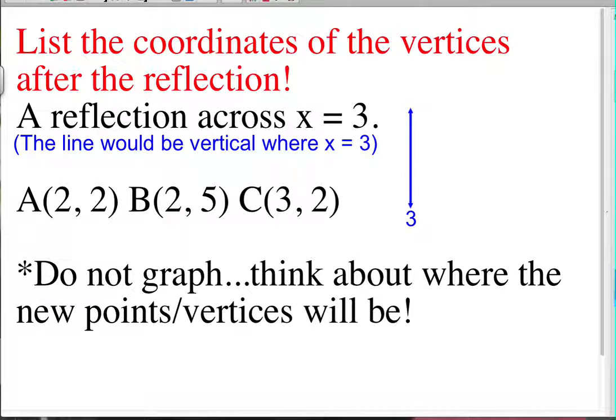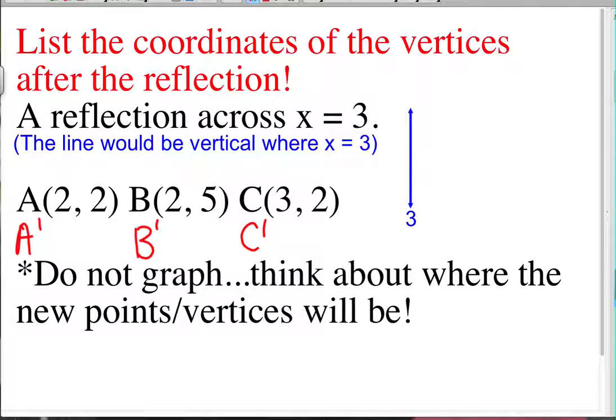But they don't even want you to draw it. They just want you to try to figure out mathematically where would the new coordinates be for A prime, B prime, and C prime. It says do not graph. Think about where the new points and vertices would be.